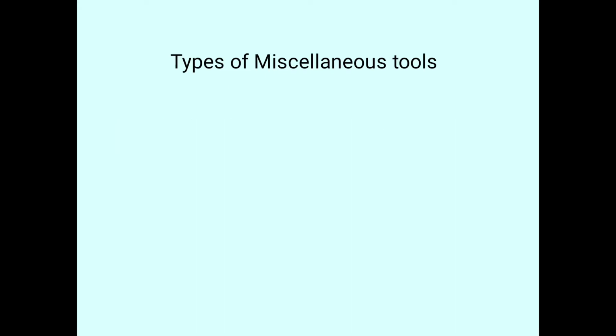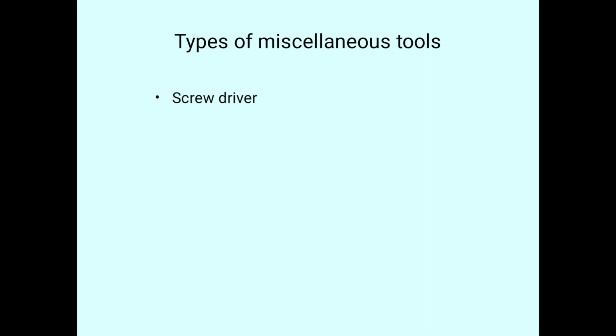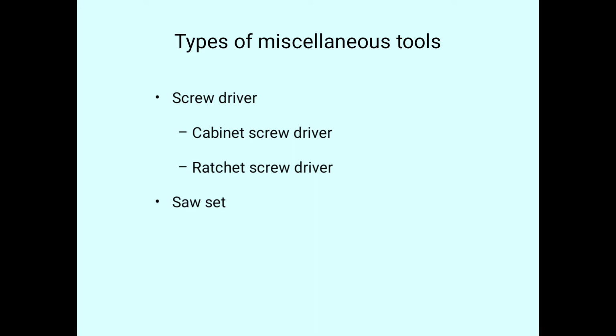We will see here the types of miscellaneous tools. First one is rasp and files, scrapers, oil stones, glass paper, pincer, screwdriver, that is cabinet screwdriver, ratchet screwdriver, and saw set, and oil stone slip.